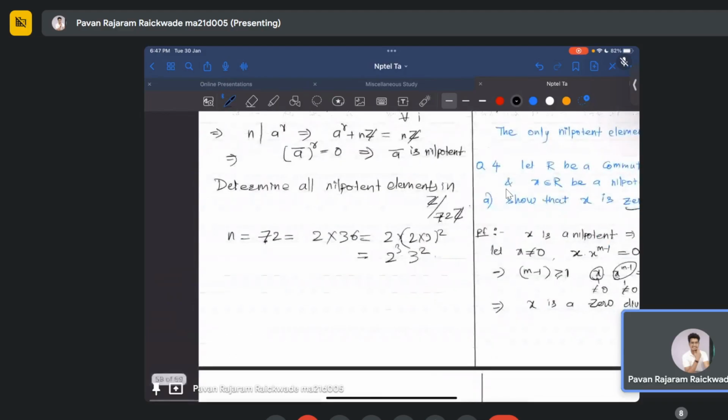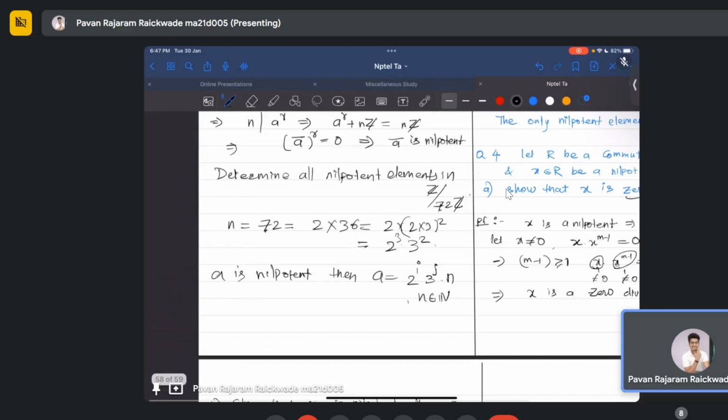right? So what are the choices? If a is nilpotent, then we know a is some 2 power i, 3 power j, and then some natural number n, right? Where i belongs to 1, 2, 3, and j belongs to 1, 2.